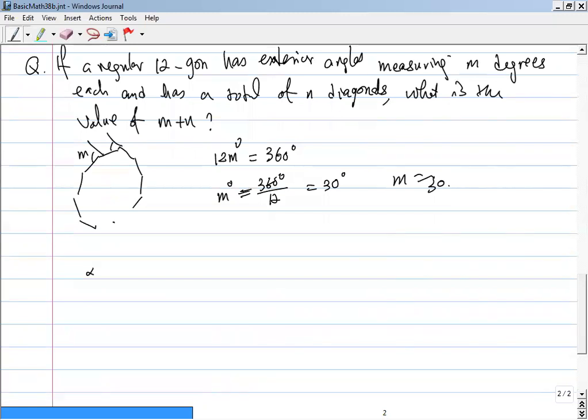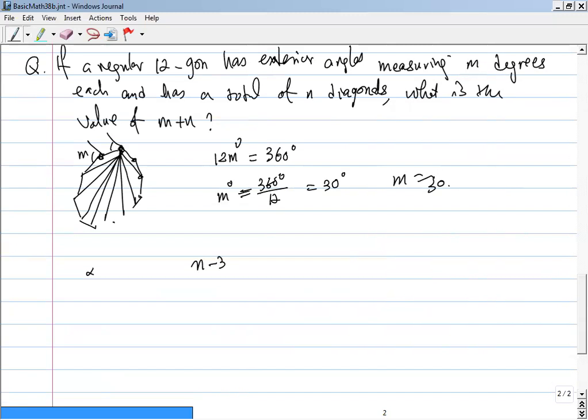So the formula for the number of diagonals goes like this. Suppose you fix a point, how many diagonals can you get from it? If there are n sides, n points, then n minus 3. From each point you have n minus 3 diagonals starting from that point.